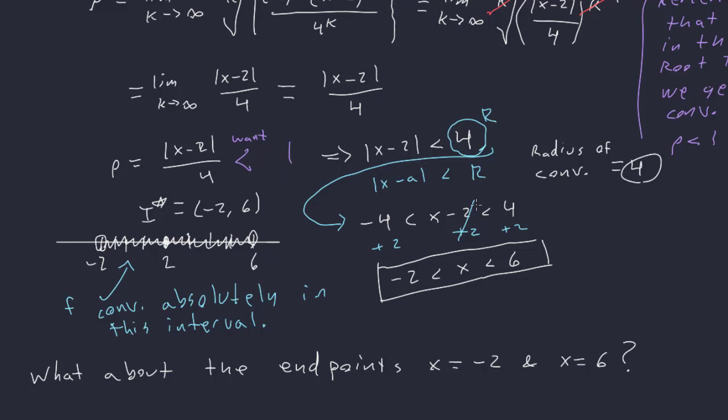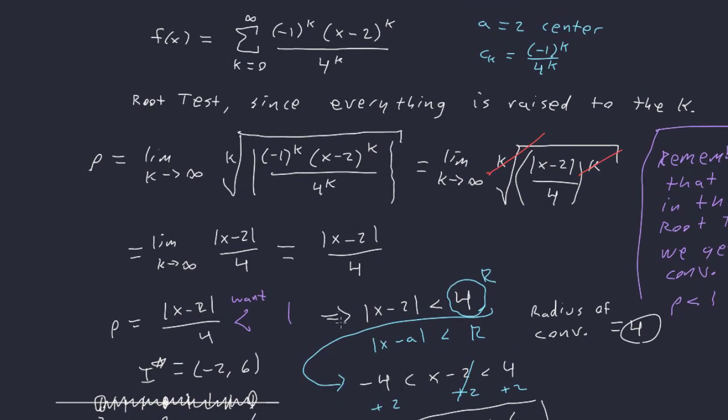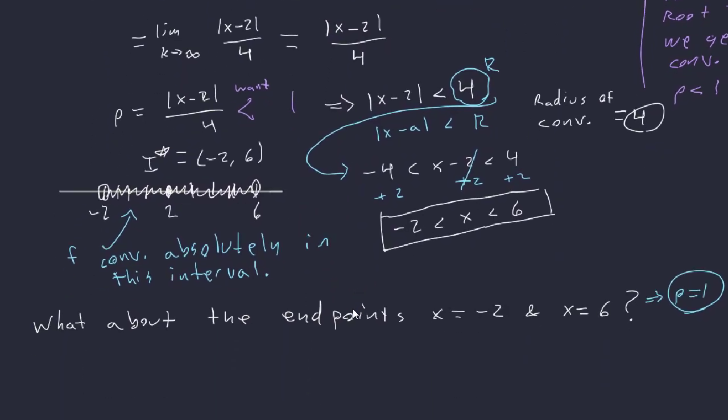When we put in 6 here, I get 6 minus 2, which is 4, and so our rho would be 1, and if we put in -2, we get -2 minus 2, which is -4, absolute value. That gives us rho equals 1. So these values give us rho equals 1. Remember, we can get convergence or divergence when rho is equal to 1. So we actually need to check f at these values and see what happens.